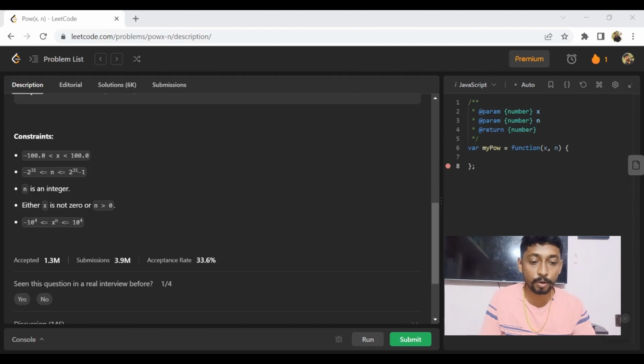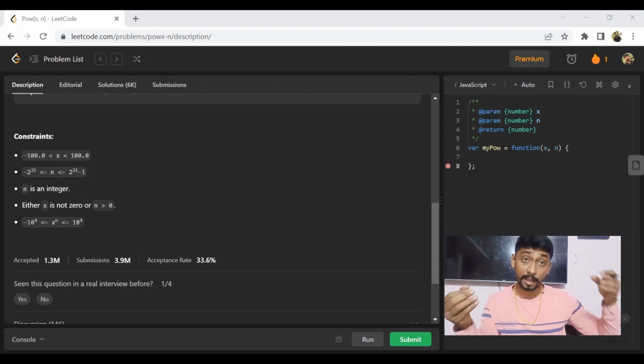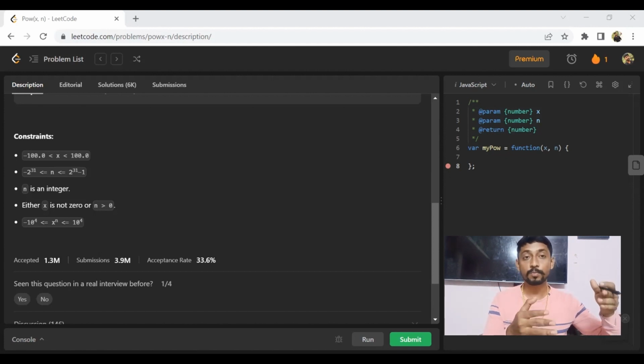If it is negative, you again figure out x to the power of n, and finally take 1 divided by x to the power of n. This is the problem statement.